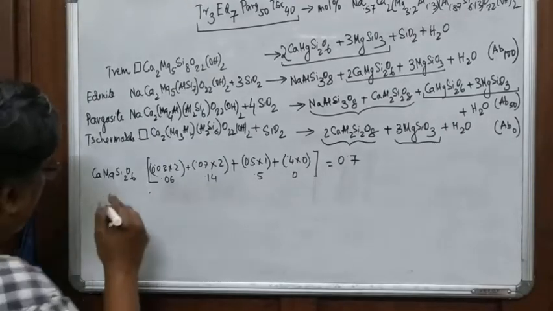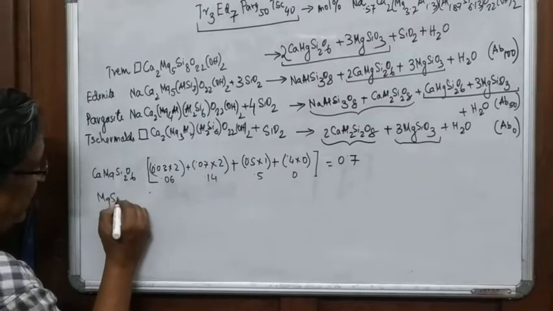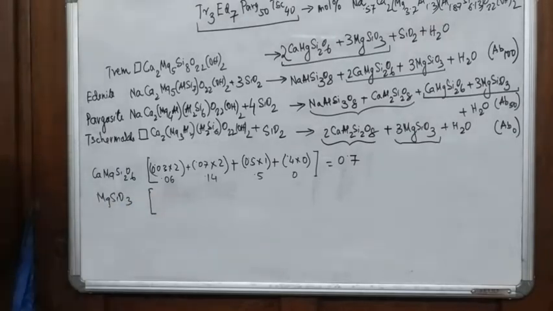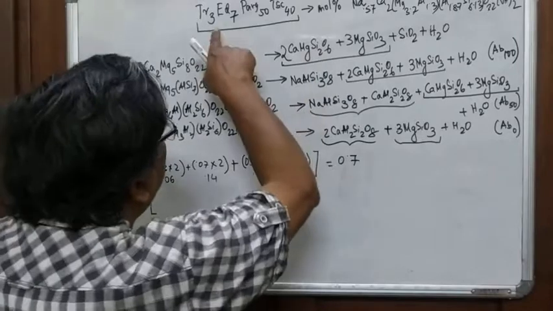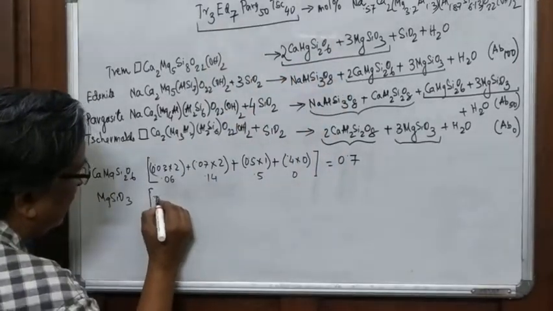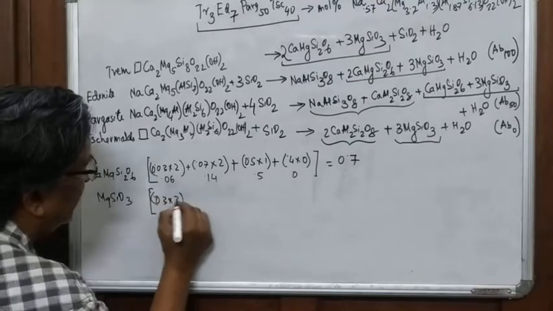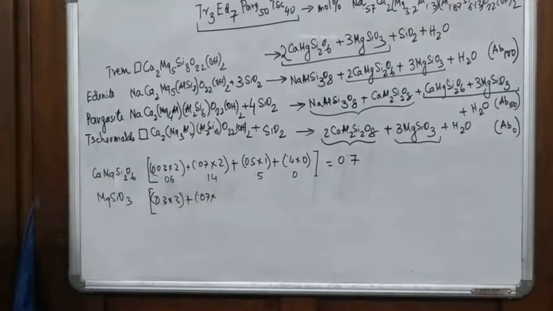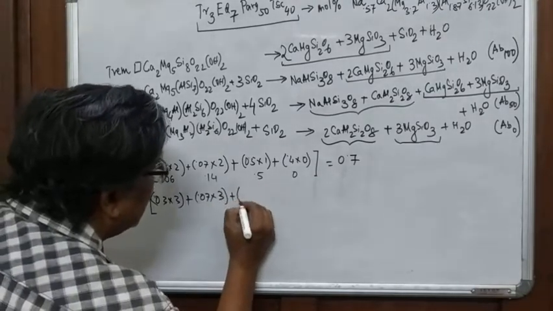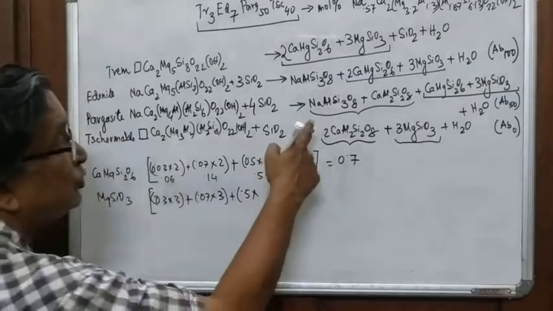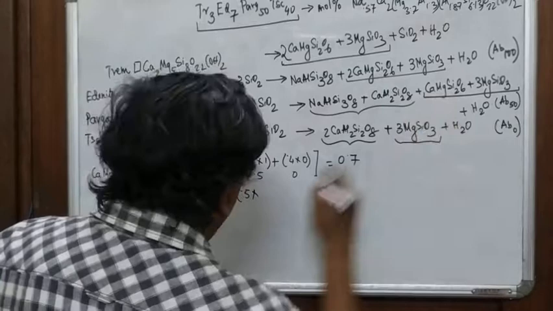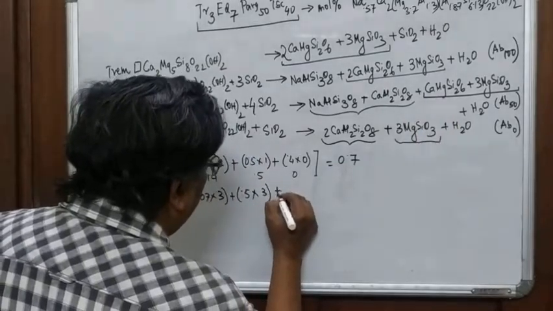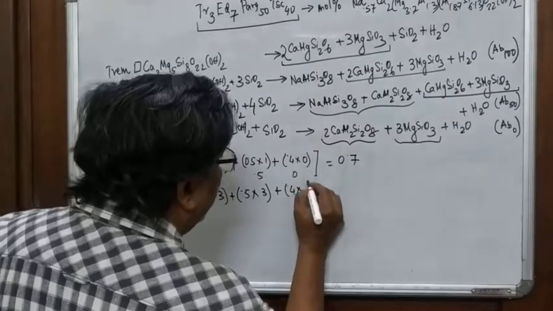Right? Then we have MgSiO3, and again it's 0.03 into 3, plus 0.07 into 3, plus 0.5 into 1, no, 0.3, and plus 0.4 into 3.